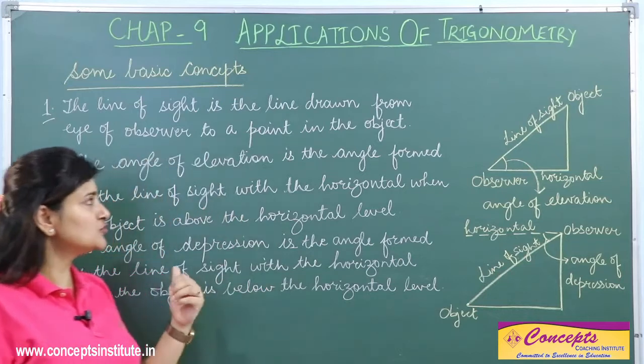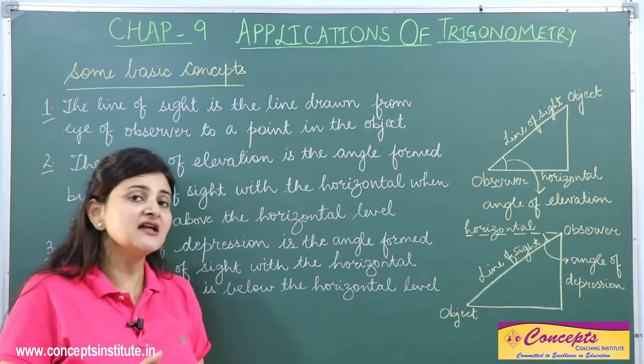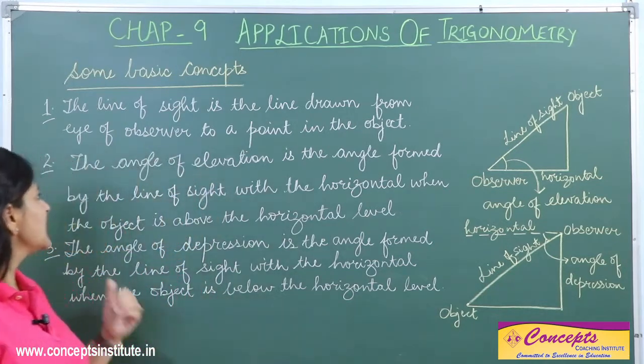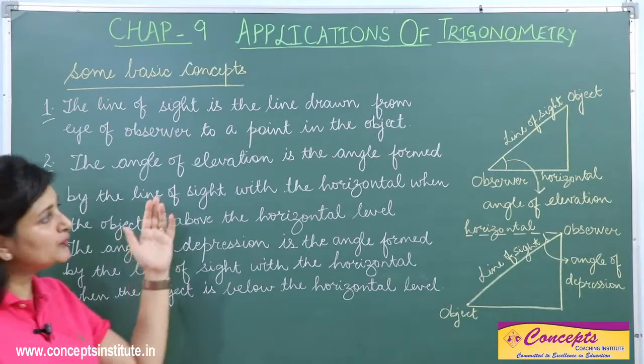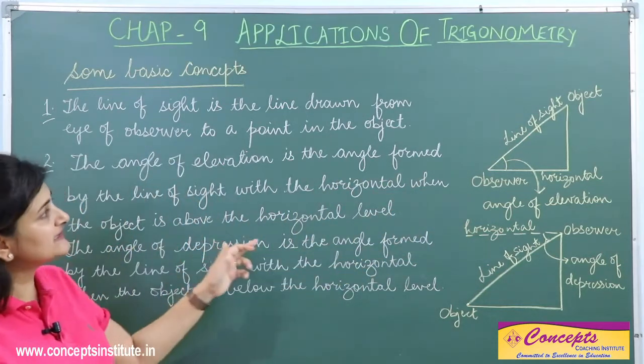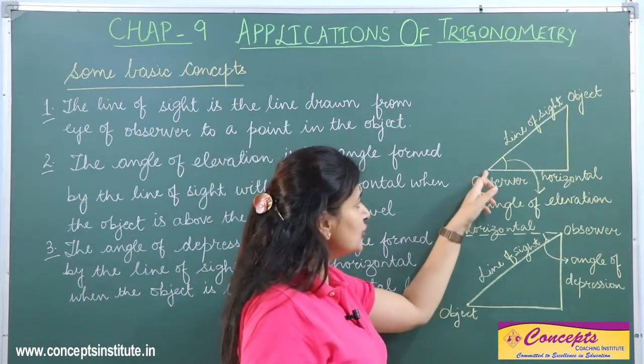Now we have two angles as well. First is the angle of elevation. The angle of elevation is the angle which is formed by the line of sight with the horizontal, in which case the object is above the horizontal level. As you can see, we have an observer here.